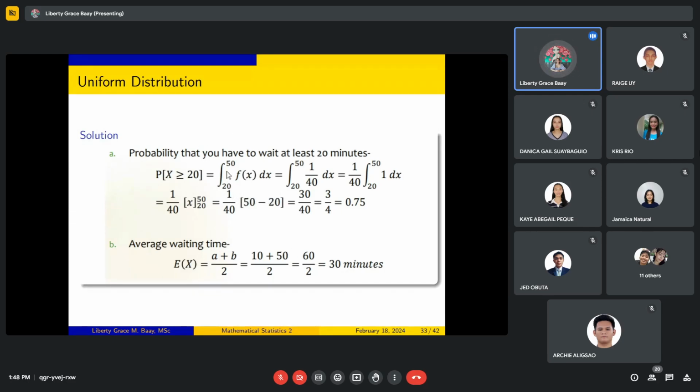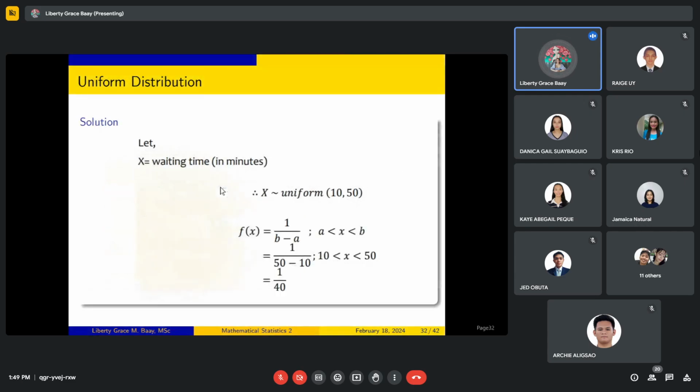Okay, so since this is a continuous random variable, in here class, probability density function is mag-integrate na ta. Okay? So the summation is the integral of f of x dx range from 20 to 50.